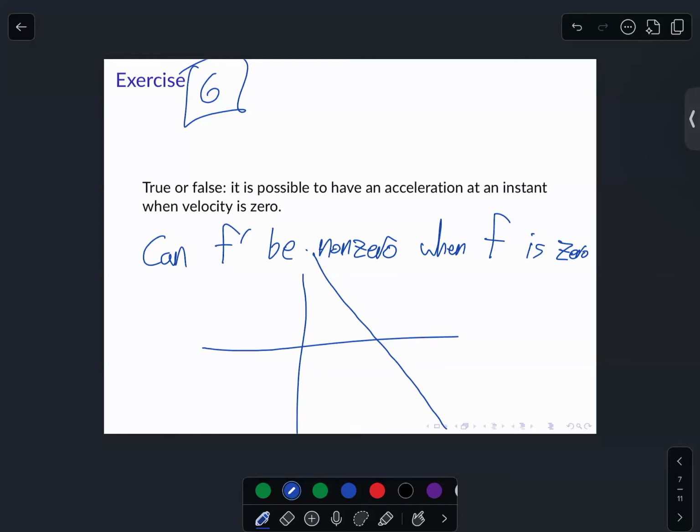I interpreted it as like the velocity is constant 0. So how can you have an acceleration? But I didn't say velocity stays 0. I said at an instant. If velocity is 0 and then stays 0 even for a millisecond, during that millisecond, the acceleration is also 0.